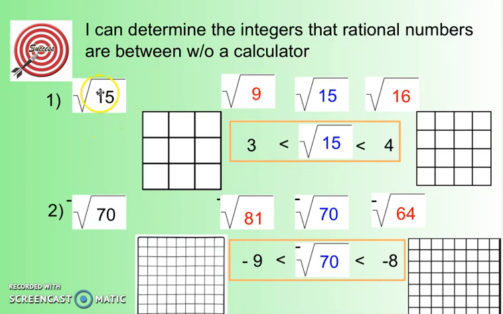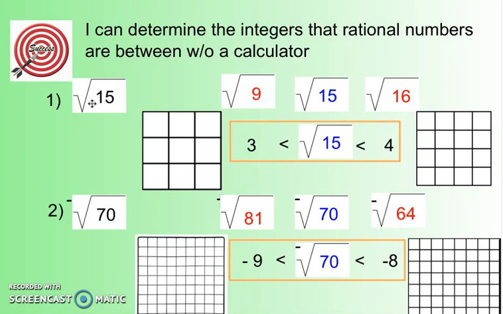So, for instance, let's start off with this square root. Square root of 15. I need to figure out approximately what two square roots this square root of 15 is between. So I'm trying to find the integers, the whole number, or it could be a negative number.